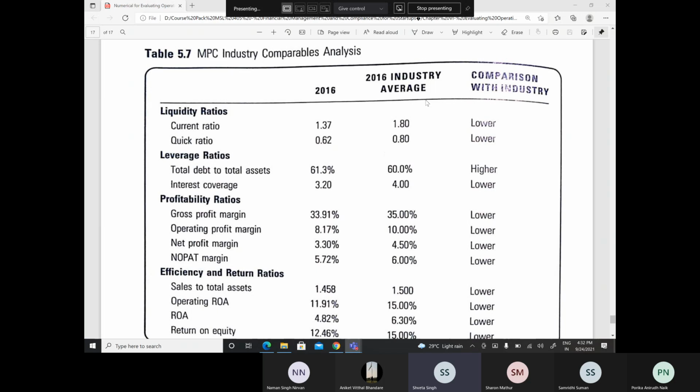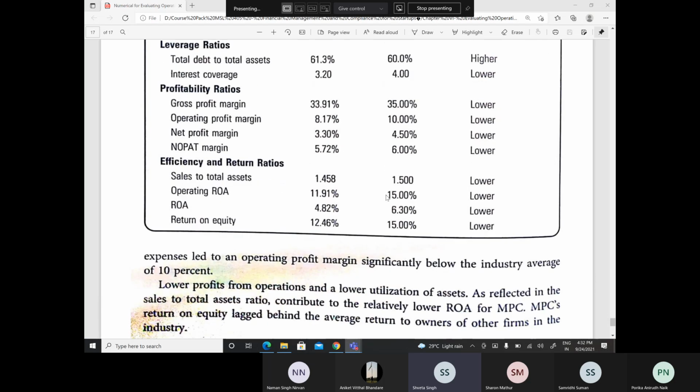And when we do a comparison with the industry, we find that it has lower liquidity ratios compared to the industry. It has higher leverage ratios. In fact, it has lower interest coverage ratios than the industry. So even if it is just using the industry average as a benchmark, it still has to go a long way. In terms of profitability ratios also, the average industry ratio is much higher than what the company is making.